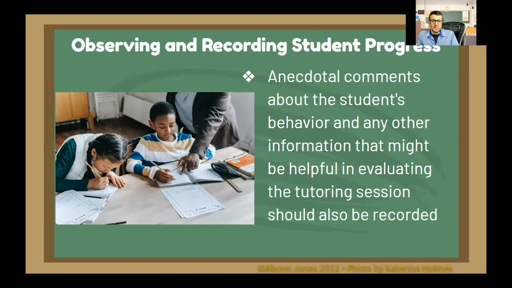On evaluation forms, we often have a little section for notes, anecdotal comments, little short narratives, short stories about the student's behavior, and any other information that might be helpful in evaluating the tutoring session should also be recorded. I noticed that Johnny seemed pretty tired today.